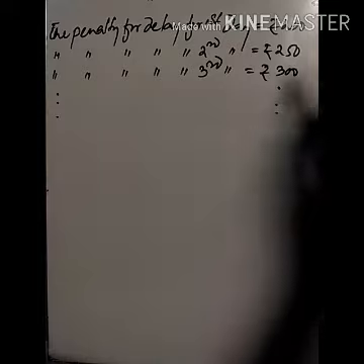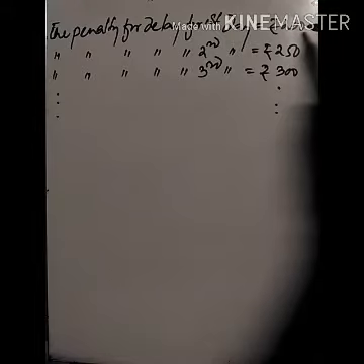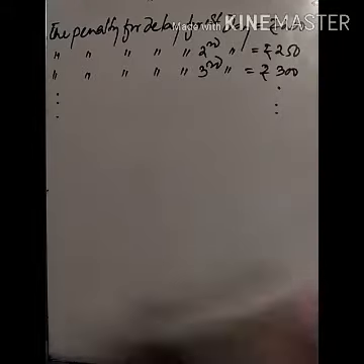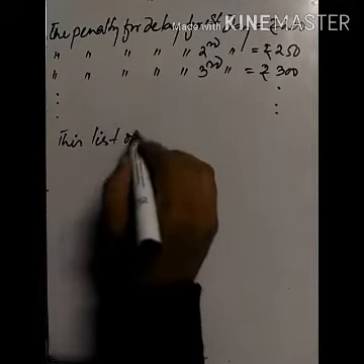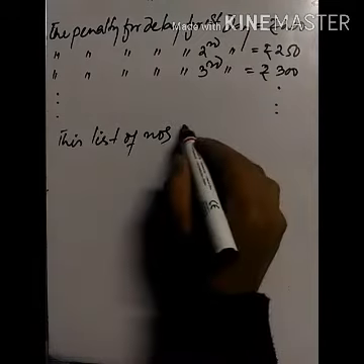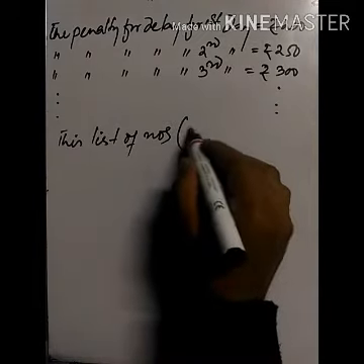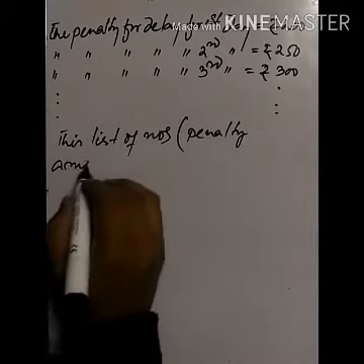So this list of numbers, when I say the number, it means the penalty amount. What is this list of numbers actually? This list of numbers is the penalty amount only.